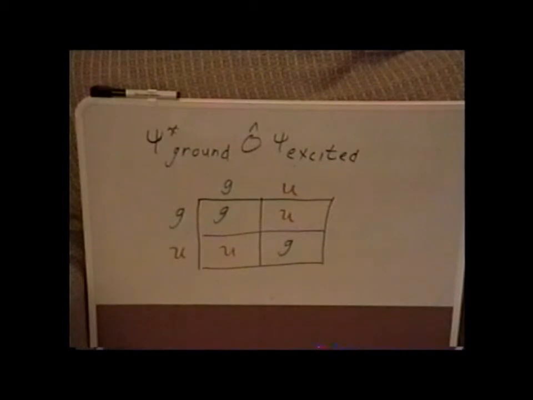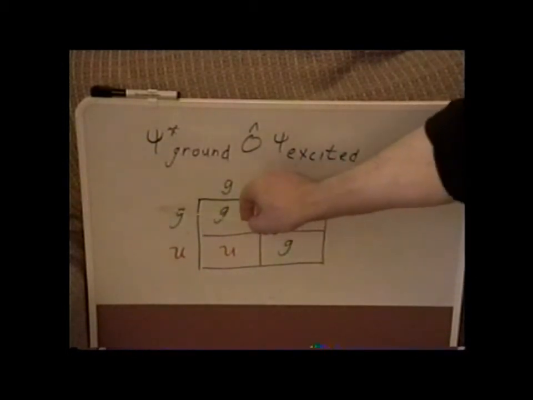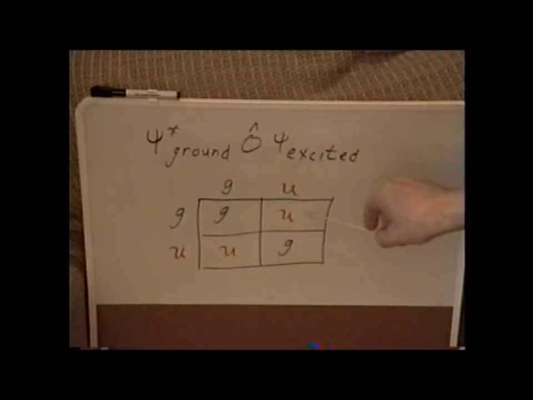It's helpful at first to look at the multiplication table for multiplying gerade and ungerade functions. So we see that if we multiply gerade times gerade, we get gerade. If we multiply gerade times ungerade, we get ungerade.